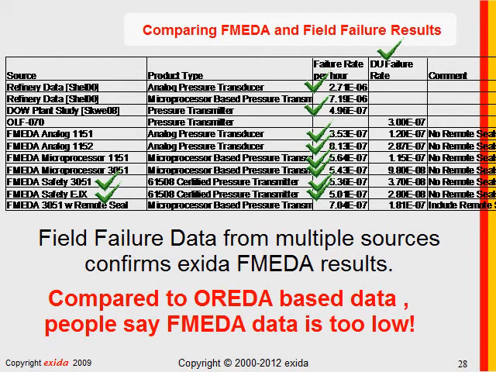And you can see that the dangerous undetected failure rate on some of these old products, like 2.87 times 10 to the minus 7, is very different by an order of magnitude than the newer products, which are sitting at more like 2.8 times 10 to the minus 8 failures per hour.